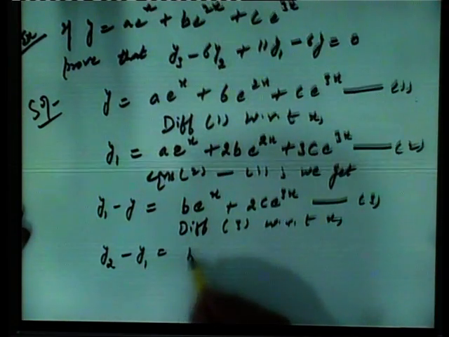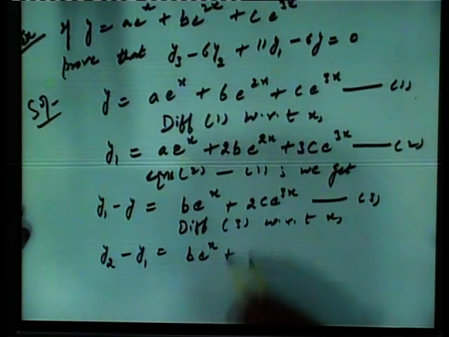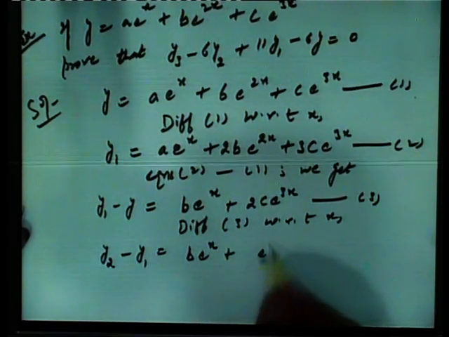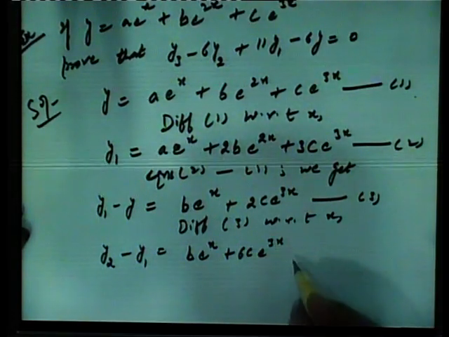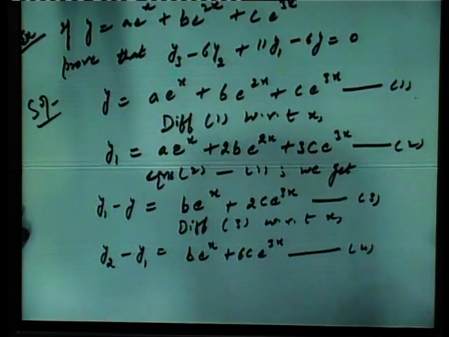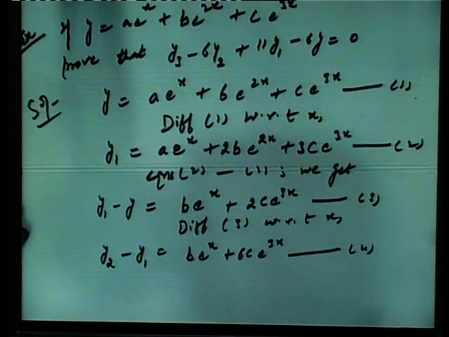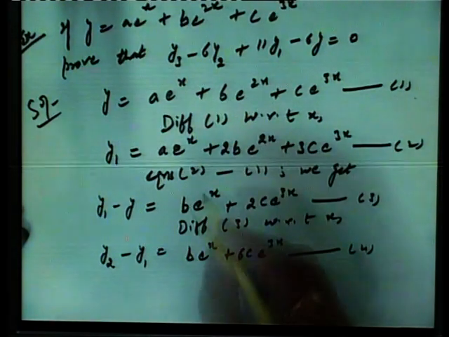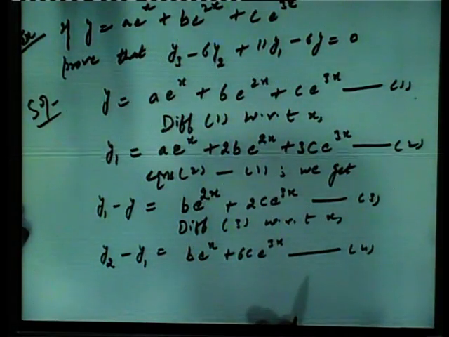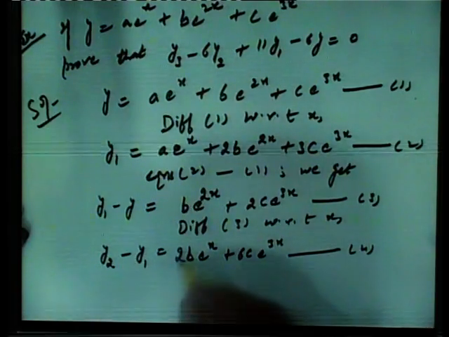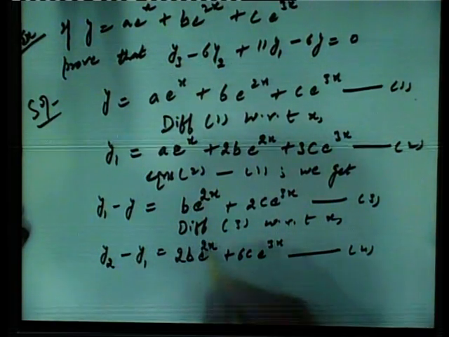The differentiation of b e power 2x is again 2b e power 2x, plus the differentiation of e to the power 3x is e power 3x into 3 into 2c, which is equal to 6c e power 3x. Now, make it number 4.